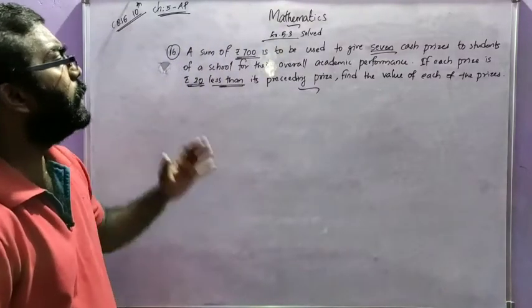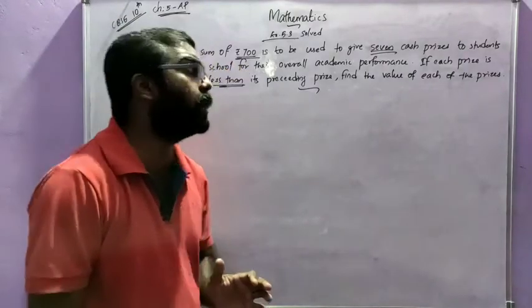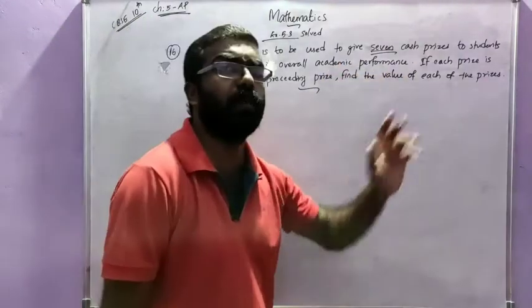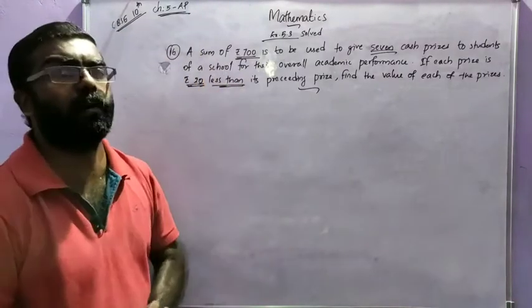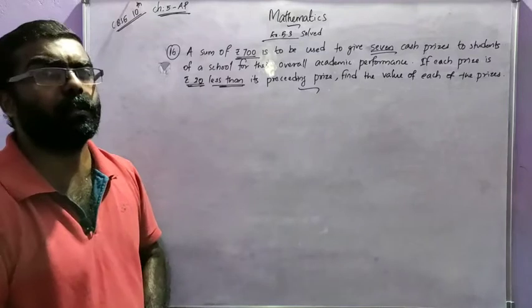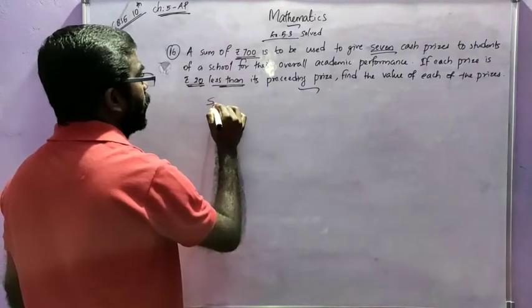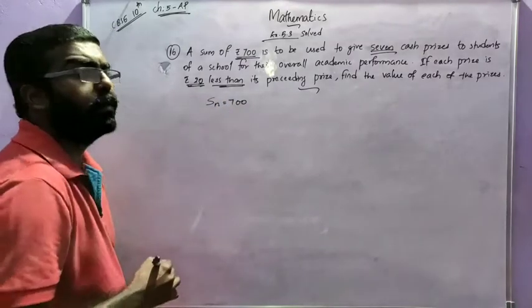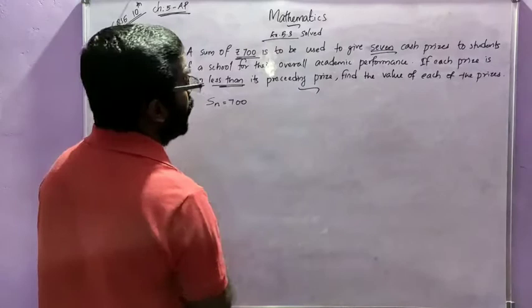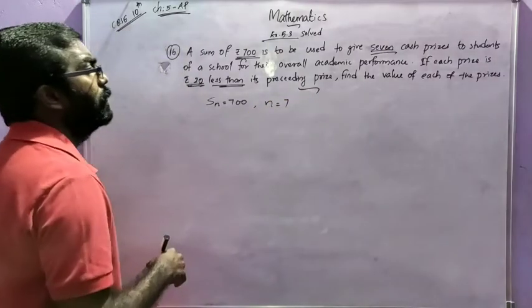So here a sum of rupees 700 is to be used to give 7 cash prizes to the students of a school for their overall academic performance. Is that clear? So this sum can be taken as Sn is equal to 700, and 7 cash prizes, that is n is equal to 7.